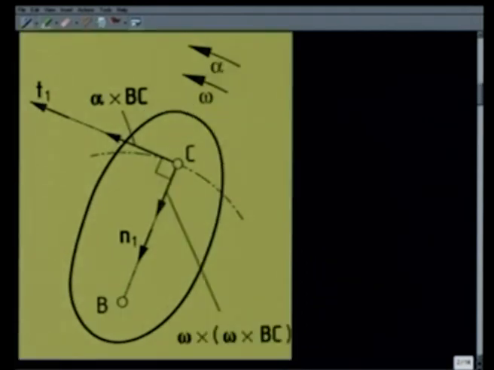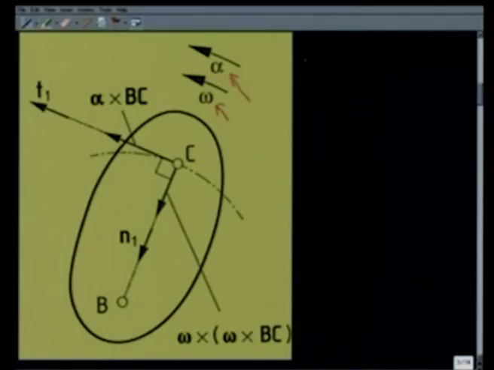Now we consider the difference of acceleration between these 2 points, namely C and B. As we have already noticed, with respect to B, the C is going in a circle, because the distance BC never changes, so C goes on a circle with B as center, and the angular velocity of the line BC is omega, and the angular acceleration of the line BC is alpha, which are nothing but the angular velocity and angular acceleration of the rigid body.